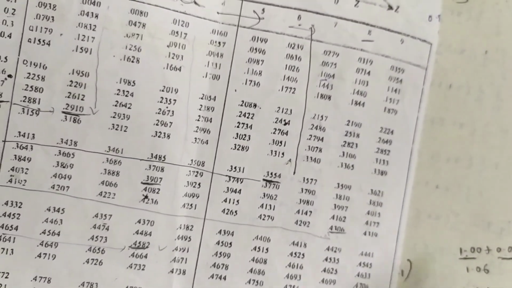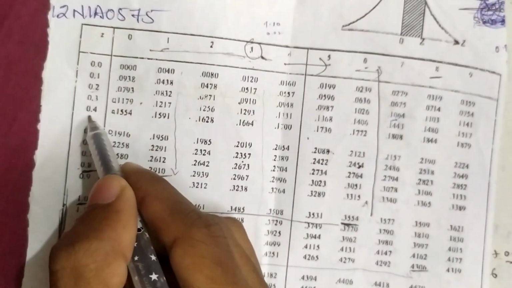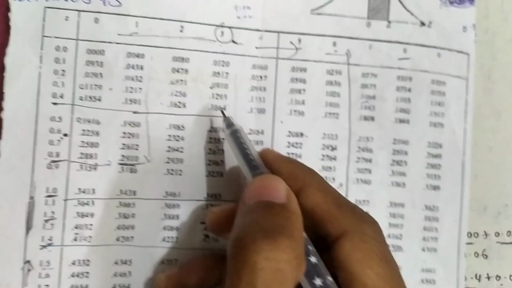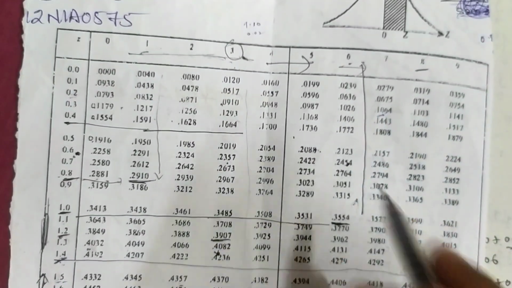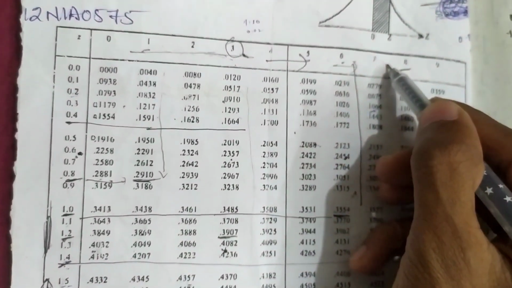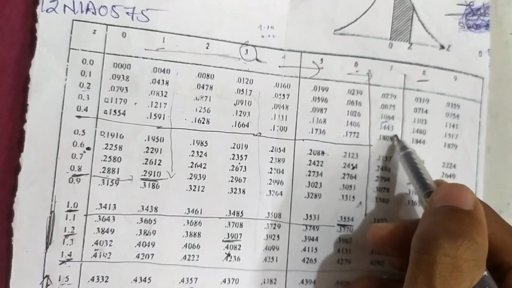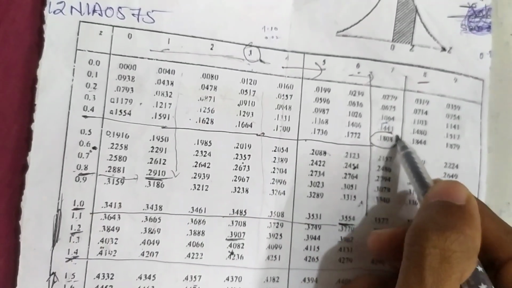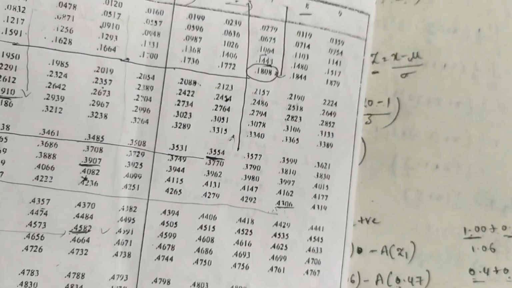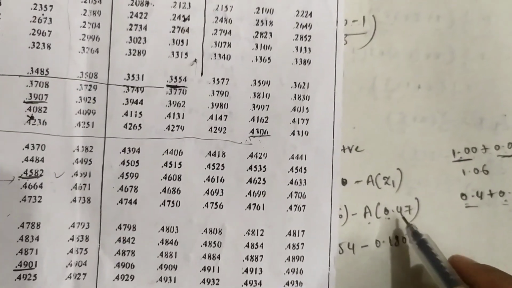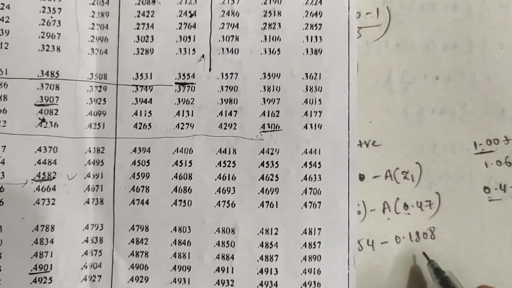Here 0.4 is here, and we have to see 0.07, which is here. The intersection value of 0.4 and 0.07 is 0.1808.